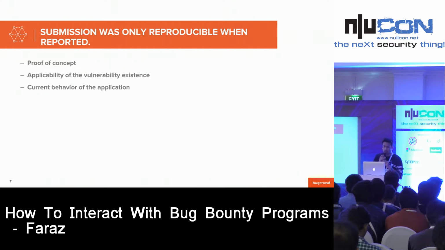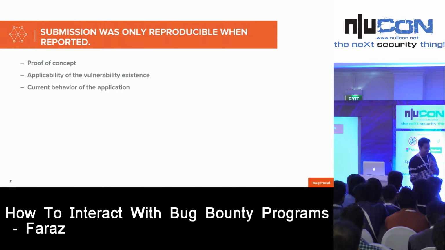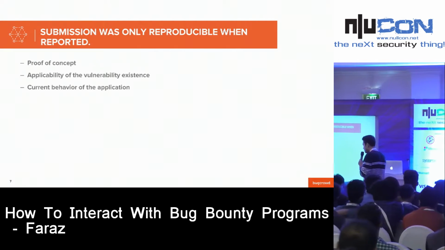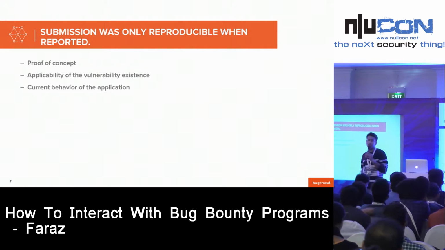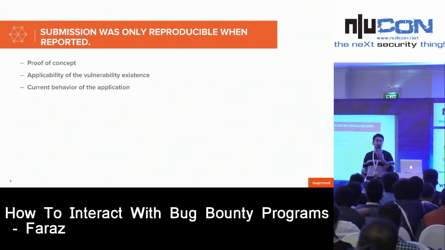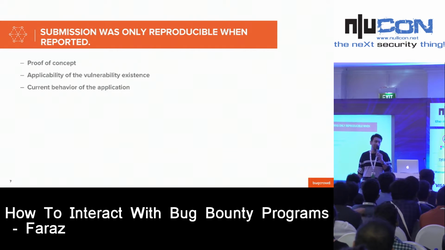So in those cases, before we reach the client, we first check the POC, then we check the applicability of the submission. Like let's say there is something like product ID equals to 1, and with that ID equals to 1, somebody is submitting SSRF.